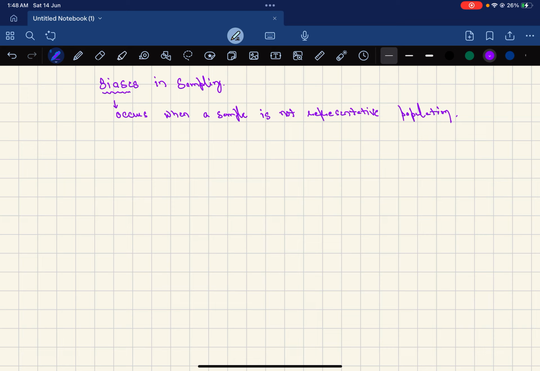And therefore convenience sampling is actually a very biased method of getting a sample. We had also stated earlier that non-probability methods generally have a more biased approach in making the selection. Now there could be different kinds of biases that could occur in the sampling processes, but we'll cover those in the next session. Right now I just wanted to explain what bias is. Bias can occur in a sampling process when the sample selected is not really representative of the population for which we are trying to do the sampling process.